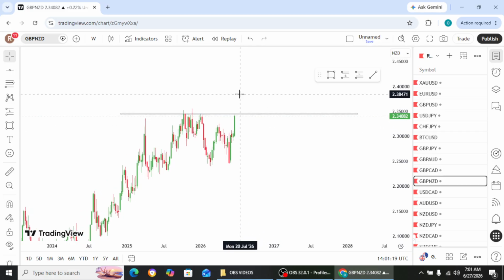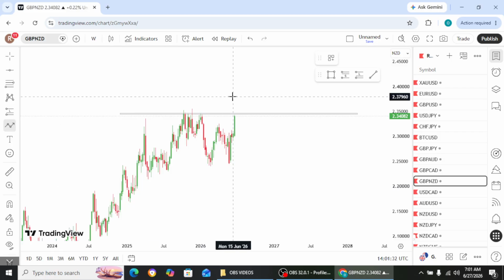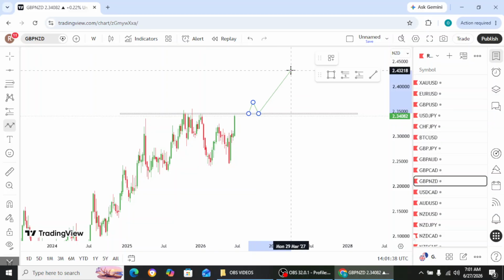While we wait for the market to give us a possible bearish movement, let's also note that the market can still break this level. If the market breaks this level and does a retracement, we can follow the market to the upside.